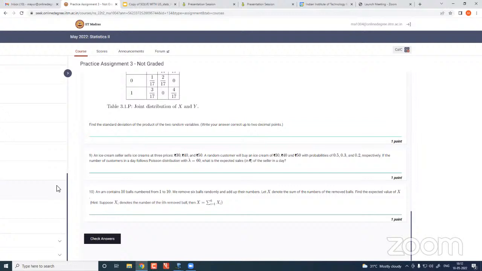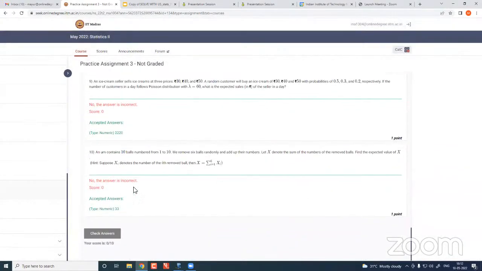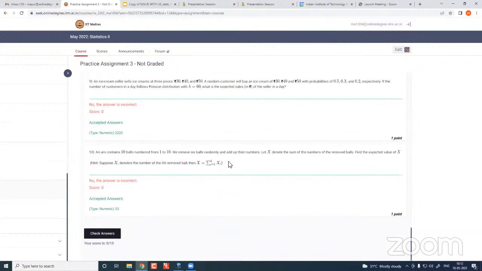First of all, what is the range for X? It's actually 1 plus 2 plus 3 plus 4 plus 5 plus 6, and combinations of many things for 6 balls.